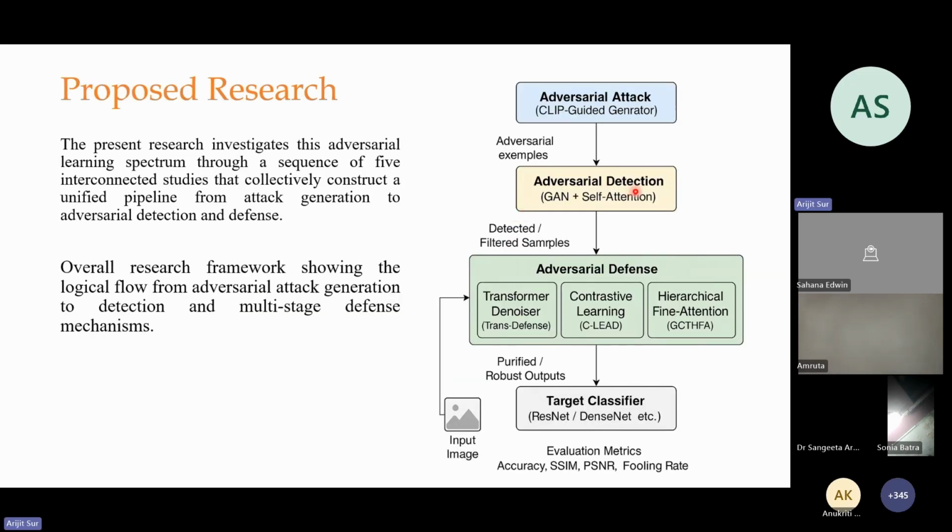Now another thing, we come to adversarial detection. This is very important. Somebody said that a given image looks the same to the human eye. So is it possible to detect that this image is perturbed?